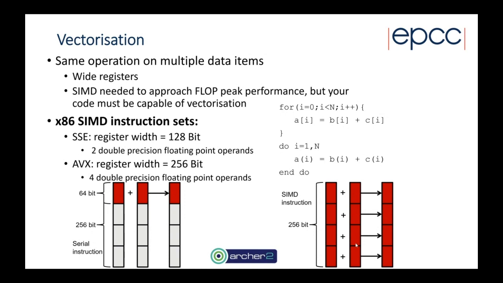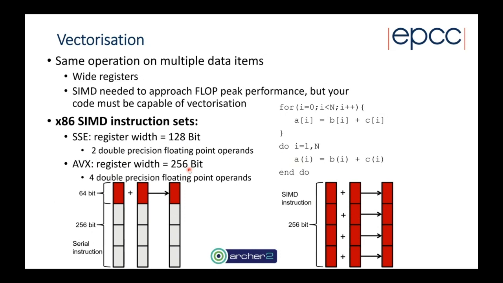Yes, so if we consider the AVX or the AVX2 vector configuration, something like this down the bottom here, it has generally a register width of 256 bits. That means it can store 256 bits in the vector register.